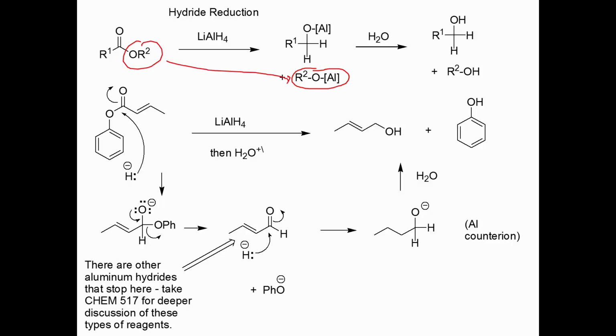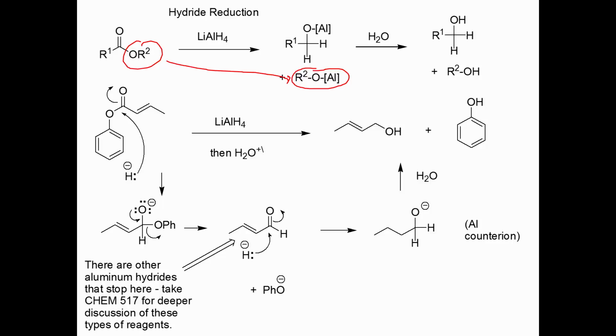So when you do the aqueous workup and protonate it, you get two different alcohols. Oftentimes when we have simple esters like methyl esters and ethyl esters, we don't care about the smaller component, but if the R2 component is a somewhat large group, you would actually want to account for it.